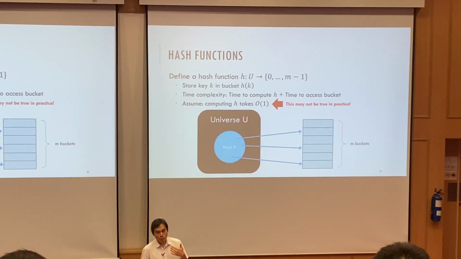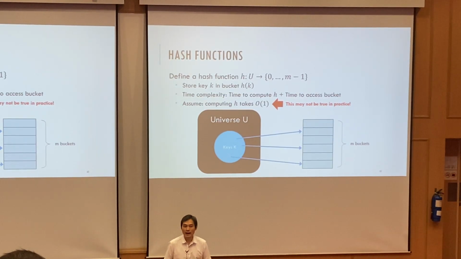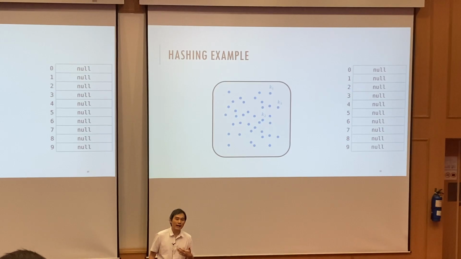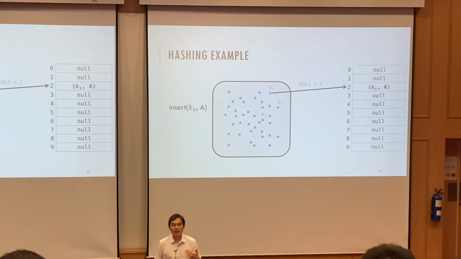Now, we typically assume that computing the hash function takes O(1). So for example, in your test, you can assume that the hash function takes O(1), unless we explicitly say no. But this is not true in practice, of course, as you have realized from your tutorials. Okay, so let's look at a hashing example. We're going to hash K1.